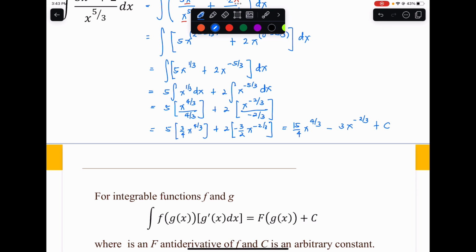So this is fine. If you want to make the exponent positive, it's up to you. It will become 3 all over x raised to 2/3. But this is already okay. So 15 over 4, x raised to 4 over 3, then minus 3, x raised to negative 2/3 plus c.